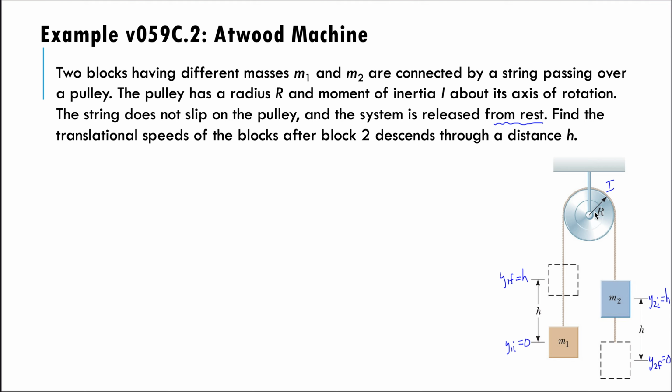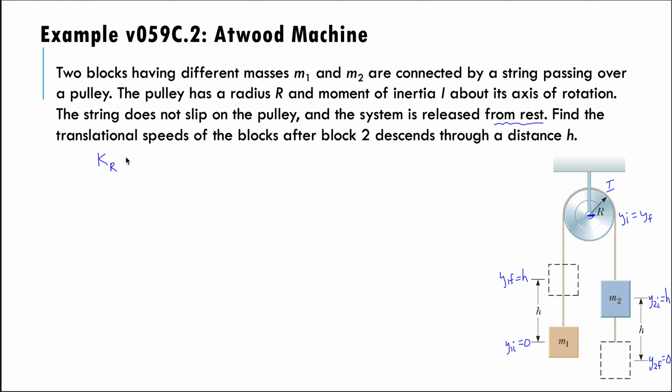For the pulley, the position of the pulley is not going to change, so we don't have to worry about the potential energy of the pulley because the initial energy is the same as the final energy. That being said, let's set up our equation.